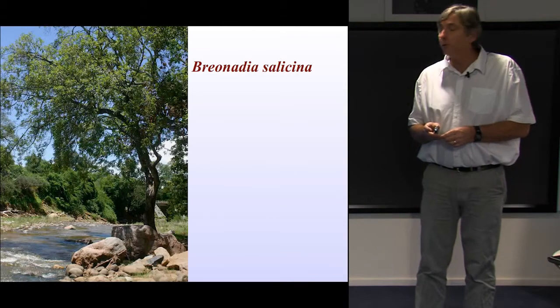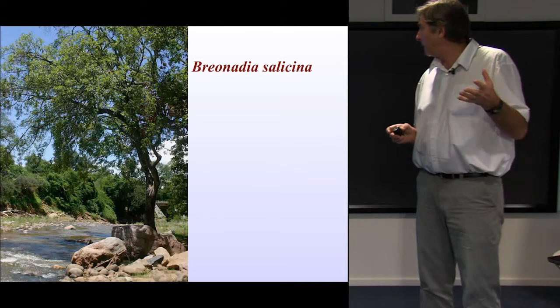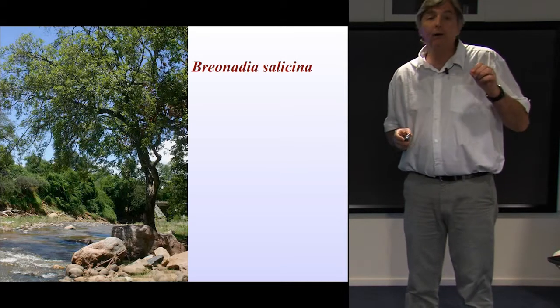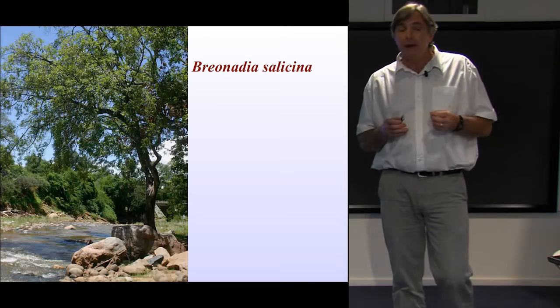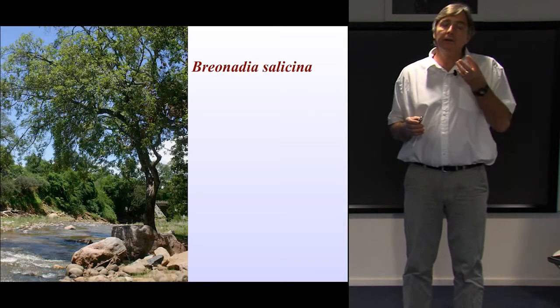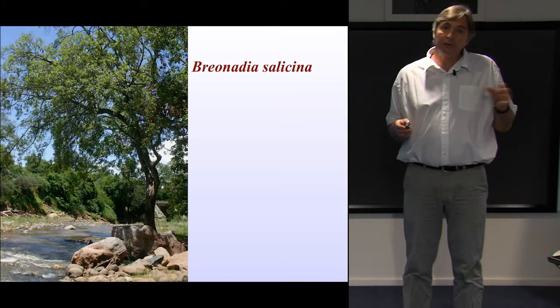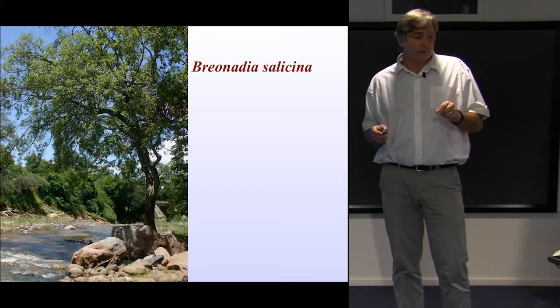Okay, similarly you can use riparian vegetation. This is a tree species, Breonadia salicina, which is characteristic of bedrock and boulder reaches of the river. Now, what's happening in many rivers around the world is that flows are being reduced, but because of erosion in the catchment, vegetation changes and so on, there's more sediment going into the river.